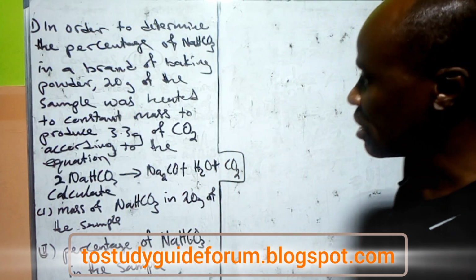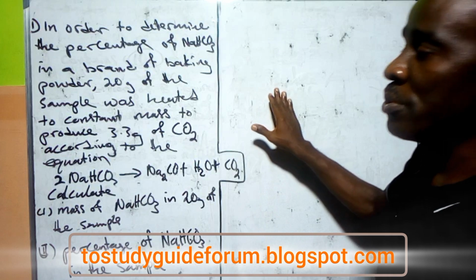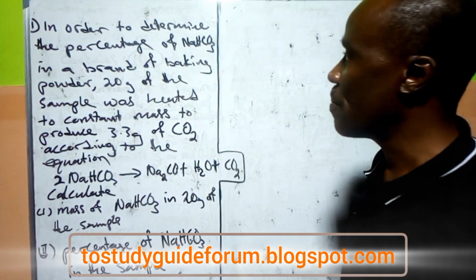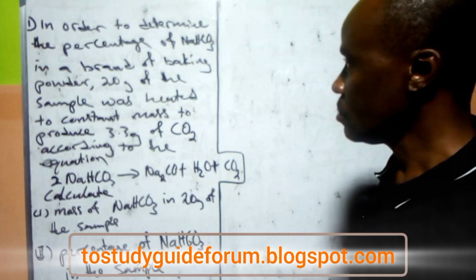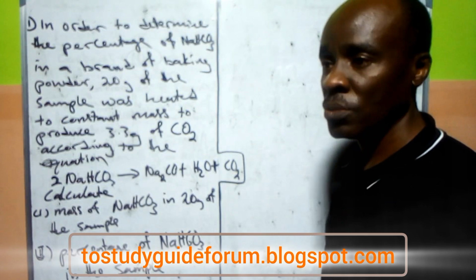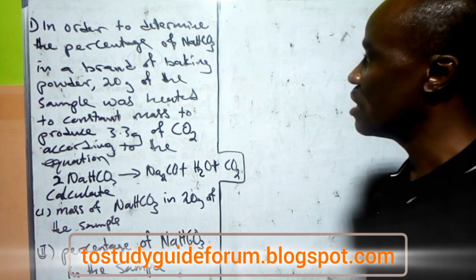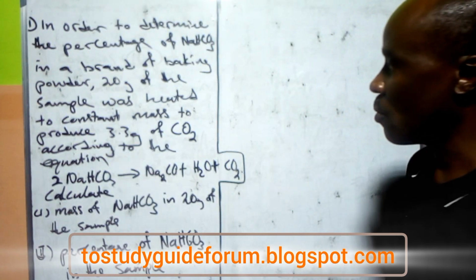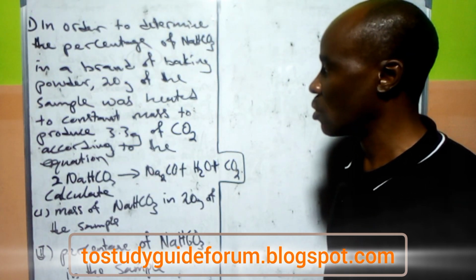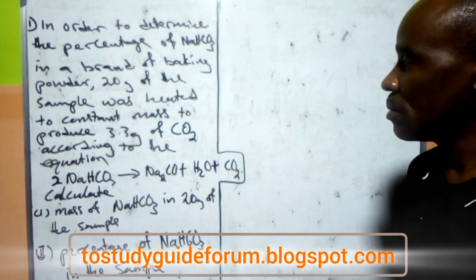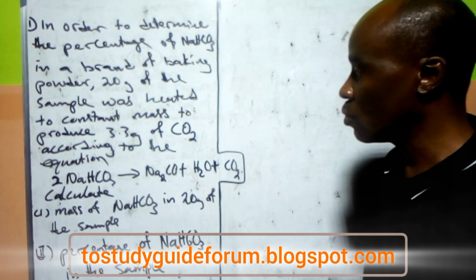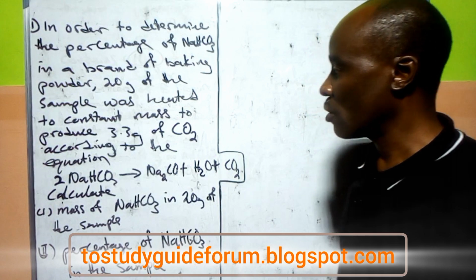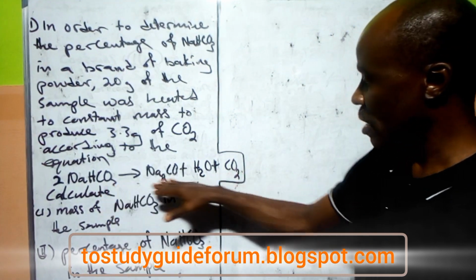In this question, in order to determine the percentage of sodium hydrogen trioxocarbonate IV in a brand of baking powder, 20 grams of the sample was heated to constant mass to produce 3.3 grams of carbon IV oxide, according to the balanced equation we have here.